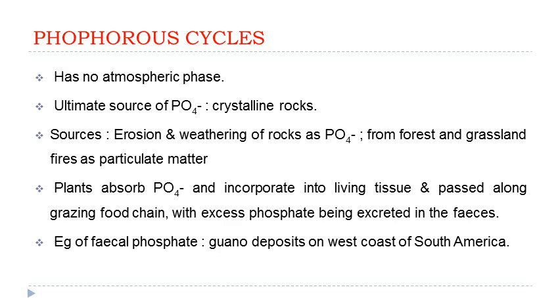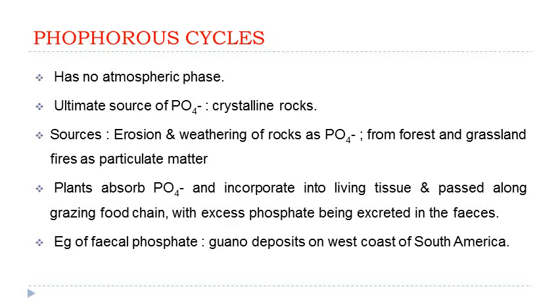So we can see that the main sources of phosphorus in nature are sedimentary rocks, where it is found as phosphates. When these rocks undergo weathering or erosion, they release phosphates, which leach into the water, and from there the plants absorb them, and it is passed on to the consumers along the grazing food chain.